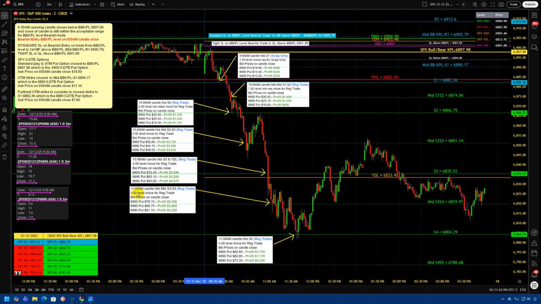Now here on this 11:04 a.m. candle, 6 minutes, a couple candles later, as you can see, it slices through mid S3, S4, and then closes basically about right on it. And that's now a 3.5 level move in our favor on a regular trade.